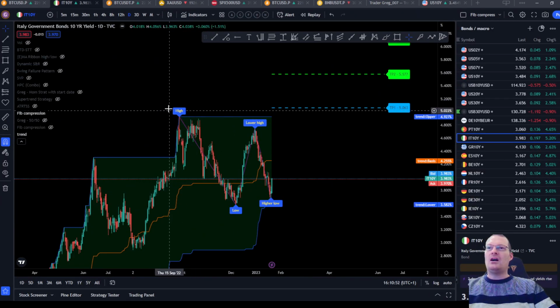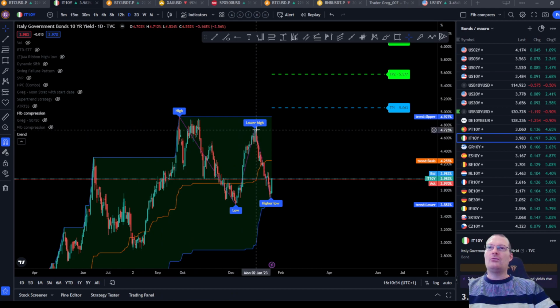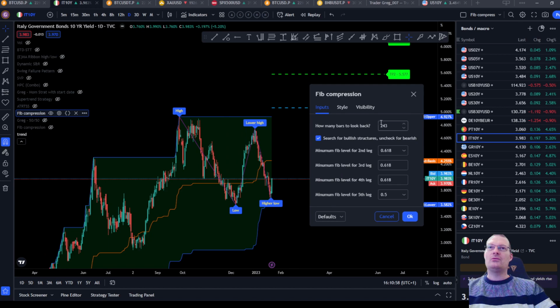So we're forming a high, a low, a lower high and a higher low, and in the menu you have the different options. How many candles should it look back for a setup? Then from your high to the low, how high should the second lower high be? So you have a choice: 0.618 retracement or the 0.786.